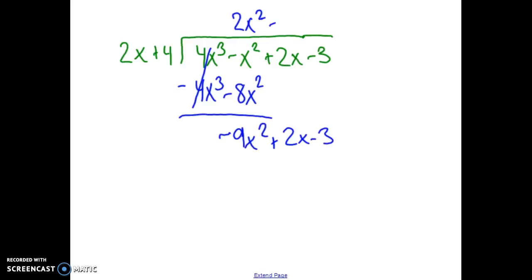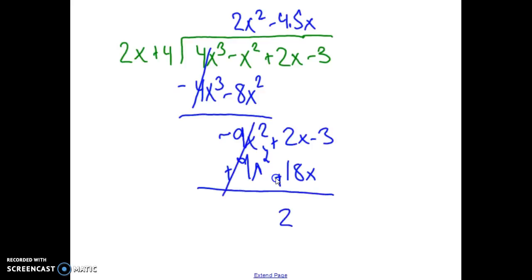Negative 4.5x. Negative 4.5x times 2 is negative 9x squared. And negative 4.5 times 4 is negative 18x. Switch both those signs because I'm subtracting. Cancels. I get 20x minus 3.